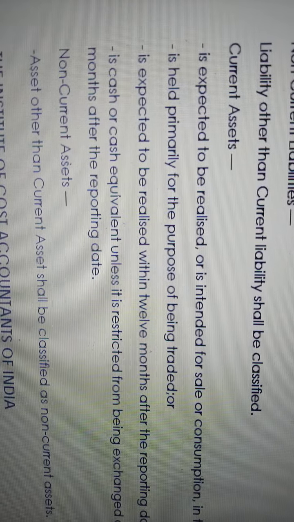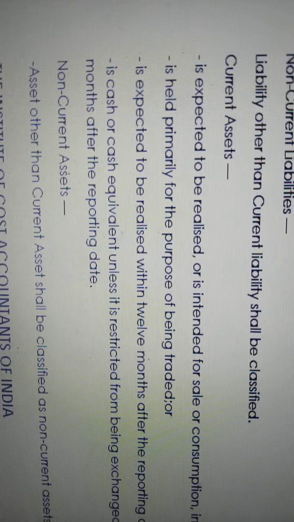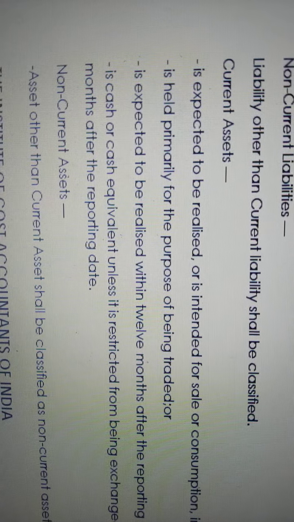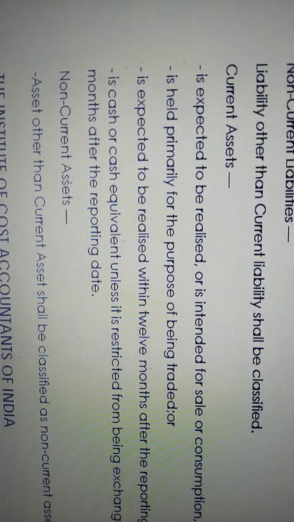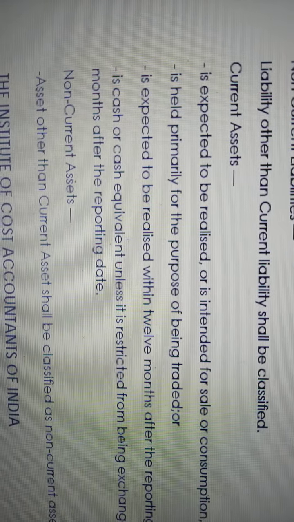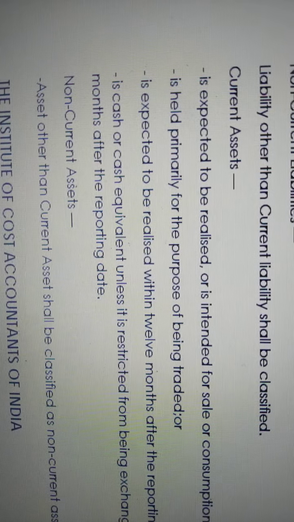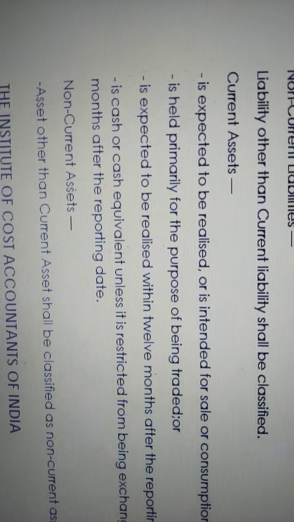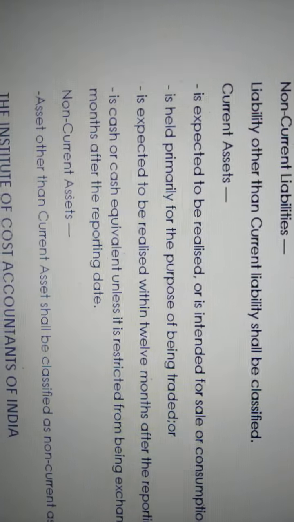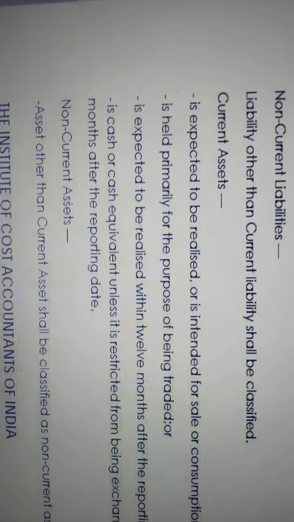Again take debtors. Normally if anything is payable within 12 months, it is a current asset, correct? If my operating cycle itself is more than 12 months, what should I do? Then that is also a current asset. My operating cycle for my business is 18 months, not 12 months; then that is a current asset only. You got what I am saying?